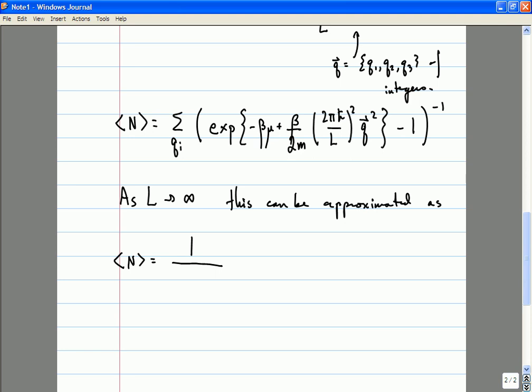That's 1 over e to the minus beta mu minus 1, coming from the case where all of the integers are equal to 0, plus a term that comes when we perform that integral that I described, d3q.